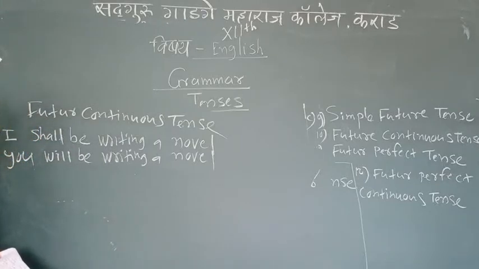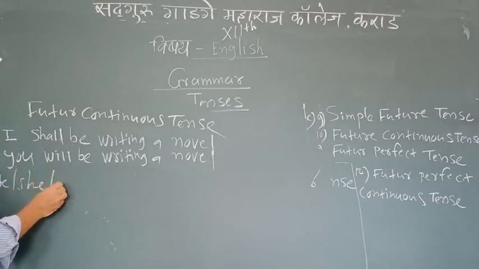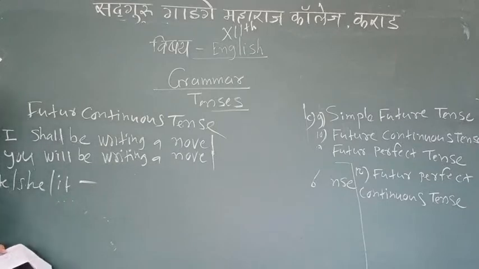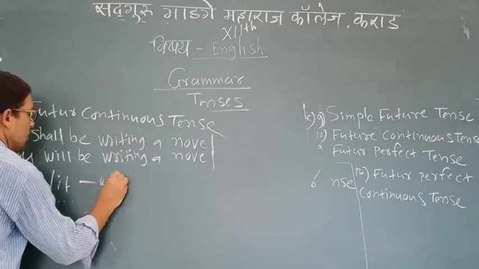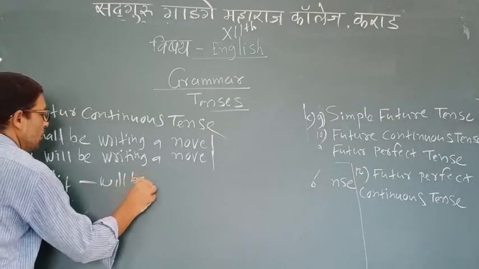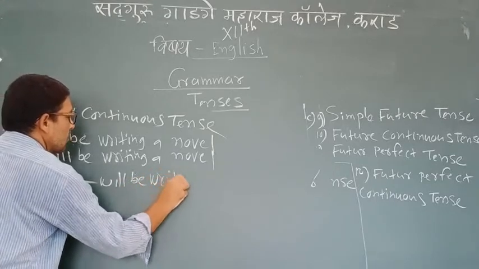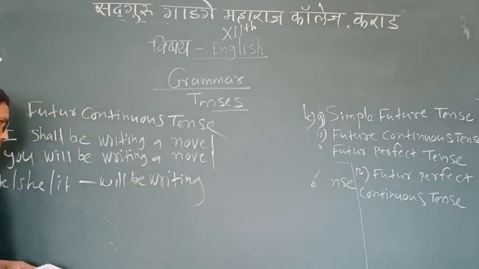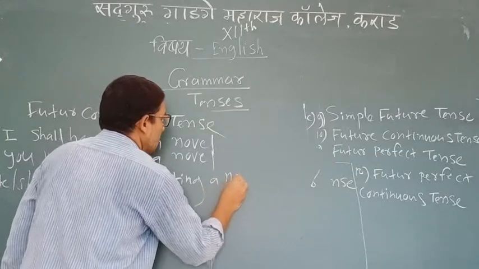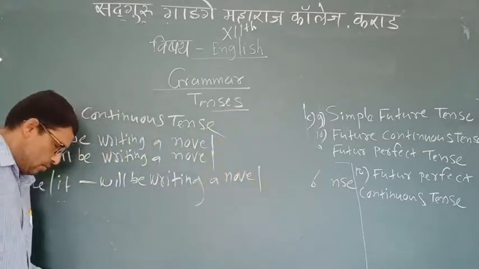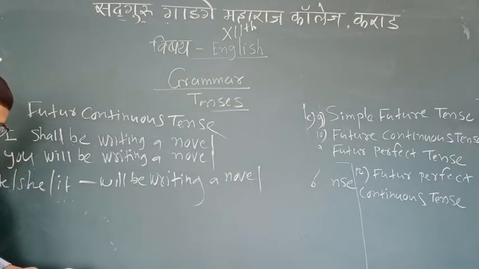Suppose you take a subject he, she, or it. You have to write will be writing. Will be writing a novel.